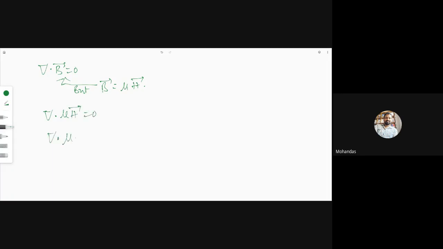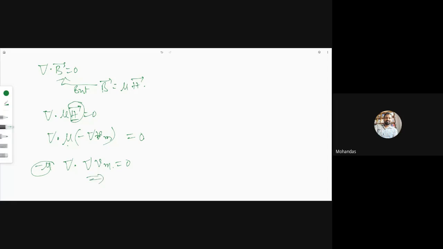Now let us replace H by minus del Vm, as you have just seen. So mu into del into Vm equal to 0. Now let us take mu and the minus sign out of this divergence. Divergence of gradient of Vm equal to 0. As mu is not 0, we can remove it from this equation.